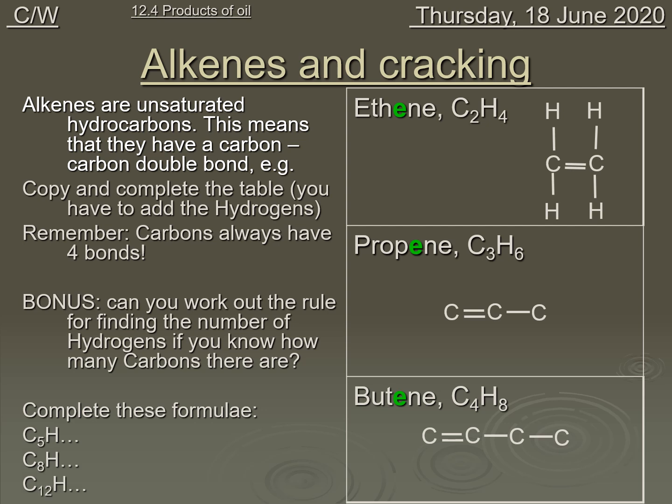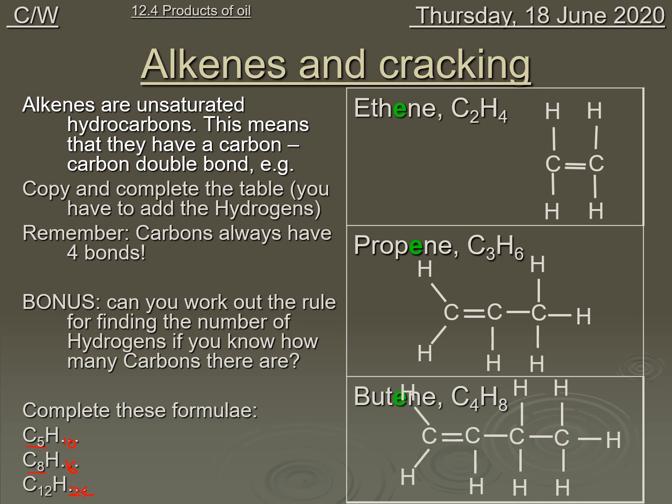Do you remember, hopefully, that the general formula of an alkene is CnH2n. So if I've got C5, I have H10. If I have C8, I have H16. If I have C12, I have H24. Okay, and then we can animate up the hydrogens onto the last 2 alkenes.